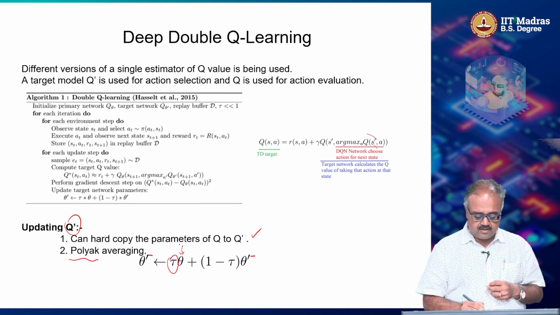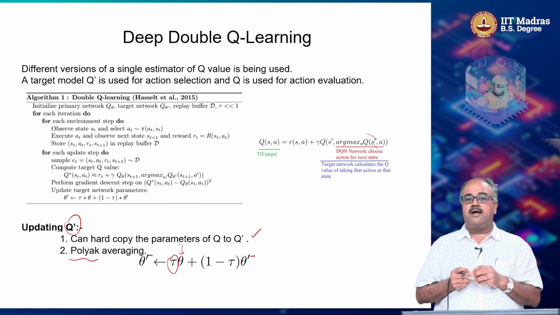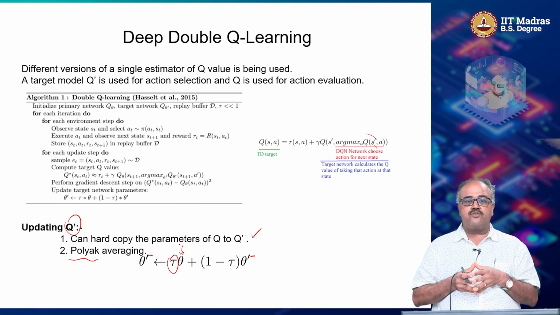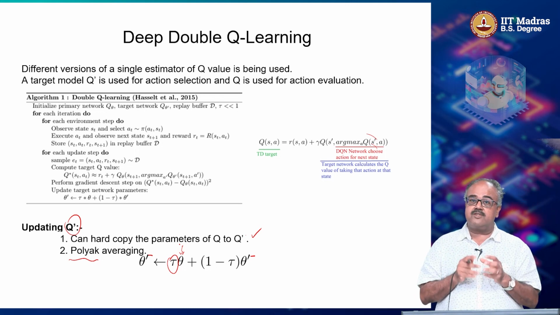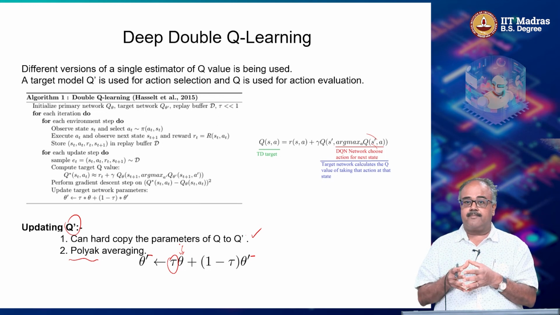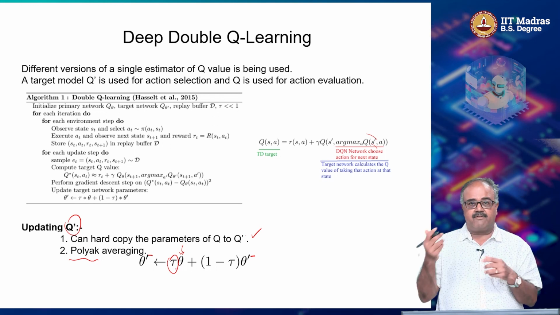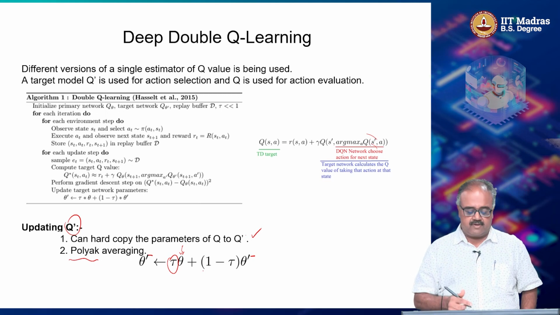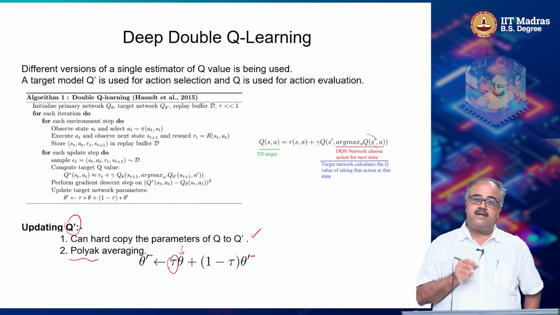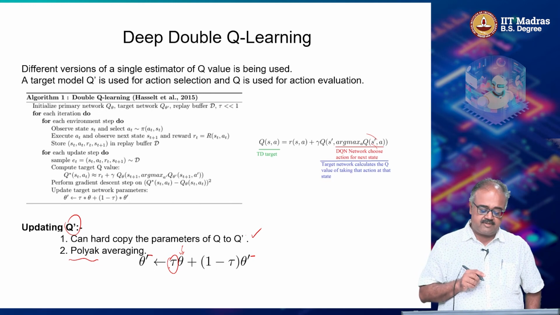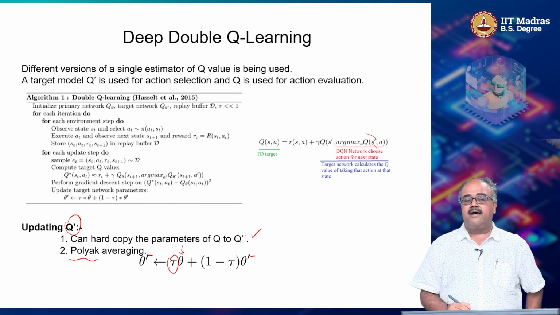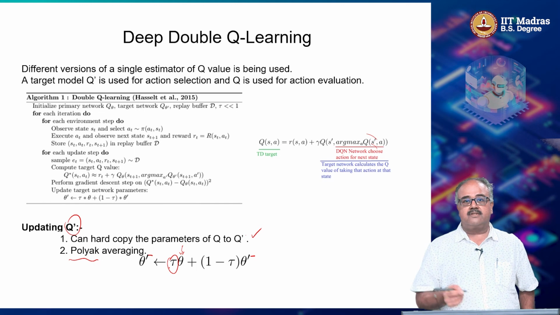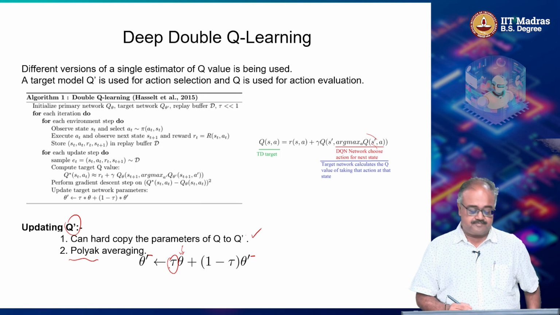So, where this tau is a much smaller number, that allows my theta minus to change at a much slower rate than theta. Theta will be changing at some alpha times something, so it will be changing at a rate of alpha. So, I can take tau to be much smaller than alpha, and then I keep adding tau times theta to theta minus, and so it will slowly drift, and so I can still use it as a target, because the target is changing much slower than my actual Q function. Okay.